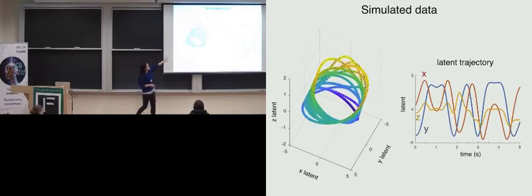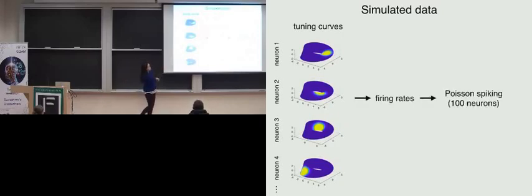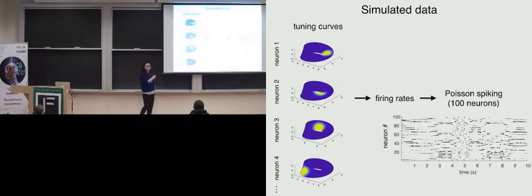This is the latent we generate, and you can plot that in the 1D space. Then we generate tuning curves for each neuron on the manifold as well. Each neuron has its own tuning function on the manifold. We generate firing rates and use a Poisson spiking model to get spike trains for 100 simulated neurons. So this is the spike train we get from the whole generating procedure.